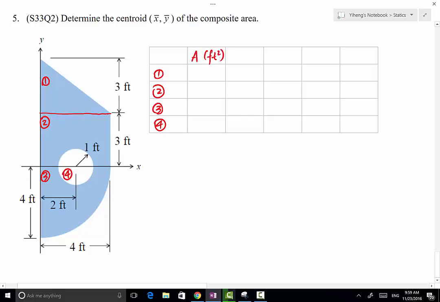So for the first one, we have a triangle. So its area is going to be 1/2 height times base, so 1/2 times 3 times 4, that is going to be 6. For the second area, we have a rectangle. So the rectangle has an area of 3 times 4, so that's 12.